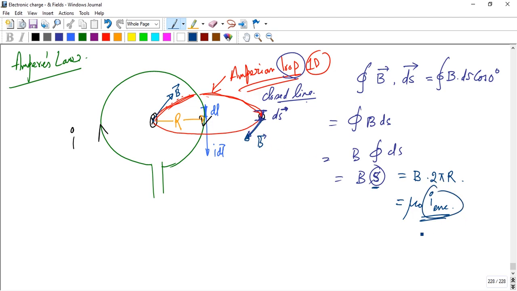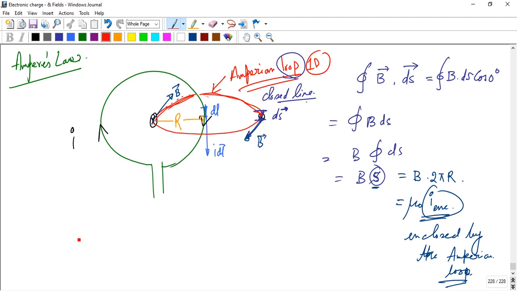The loop can be a circle or any shape, but I choose a circle because we know the circumference of a circle. If you choose an arbitrary shape, it is difficult to calculate the length.